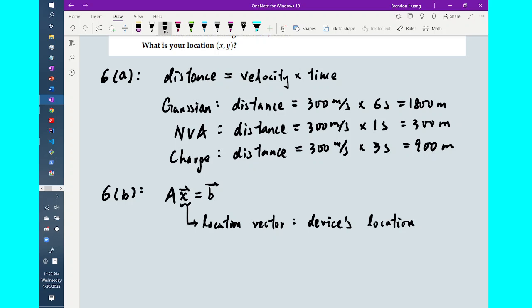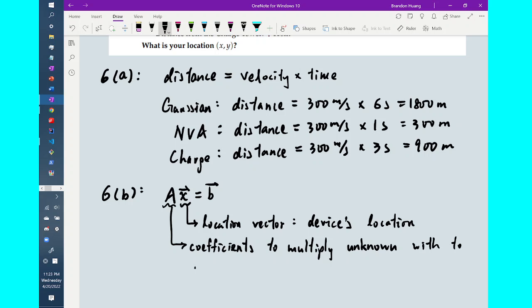And I know that A is a matrix that has a lot of coefficients to multiply the unknown with to get the known value. And this known value is again the vector we see in B.